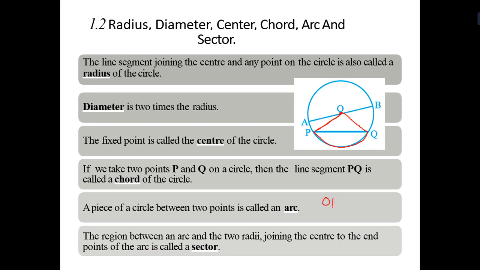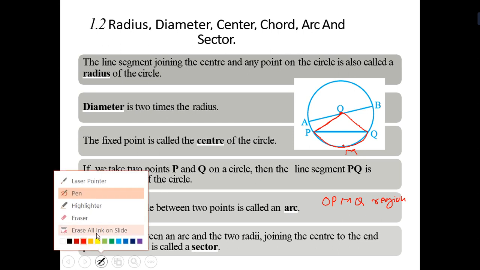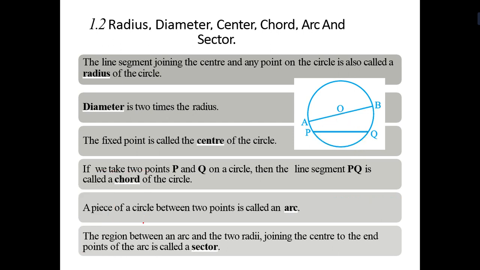So OP, here if I write name M, then OPMQ is a region that is called a sector. So we can go through different figures, then we will understand it properly.